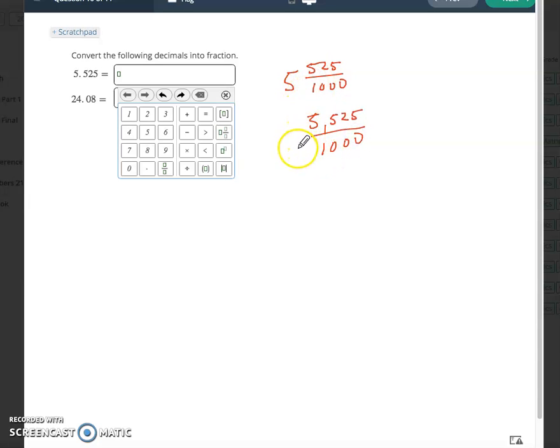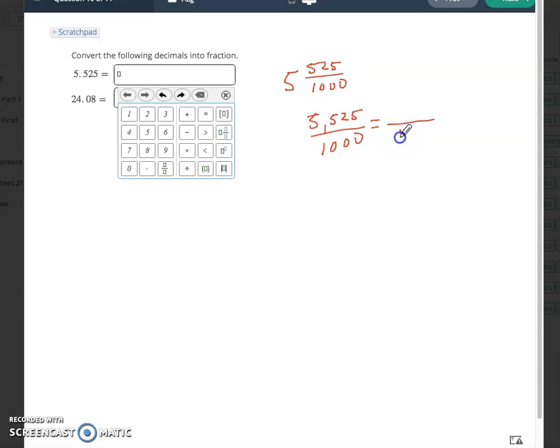Now the only thing I have to do is reduce this. I know these are big numbers, but just by looking at this, we know 25 goes into both of these numbers. 25 goes into 100 4 times, and 100 goes into 1,000 10 times. 4 times 10 is 40.